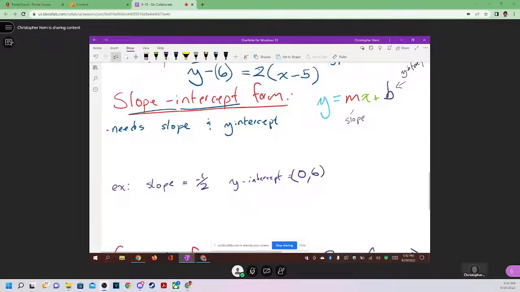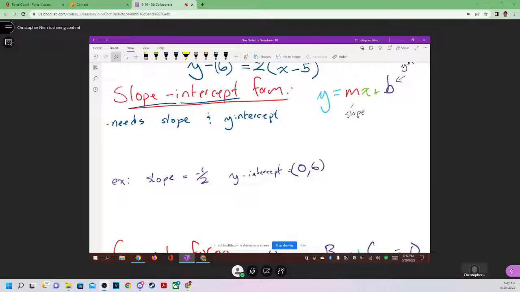Well, if this is the case, then your y-intercept is 0,6. So all I have to do is plug in my values now. On the graph, it might look something like this, 0,6. And then you're going with a slope of -1/2, so you might be decreasing like that. If I go to the next point, I go down 1 and then right 2 units. We'll talk more about that in a bit.